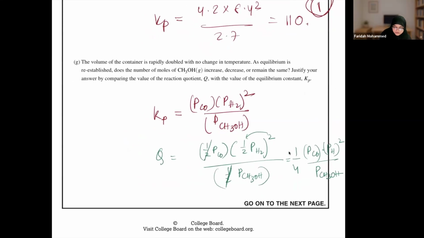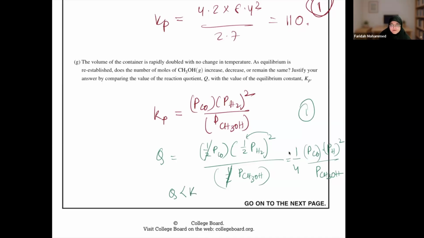If you showed this, you already got 1 point. Did anyone do this though? Ayana? Okay, those who did this, good. So that means Q is less than K. And because Q is less than K, the reaction will proceed to the, sorry, we always compare to K so we can know the direction for sure.